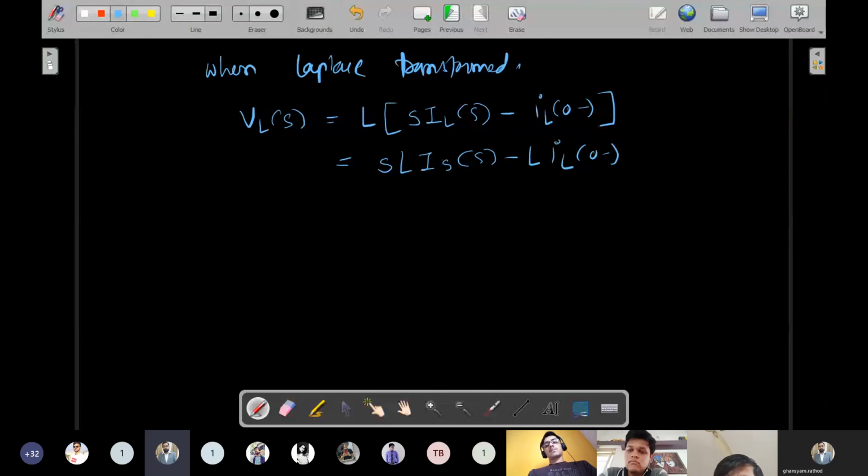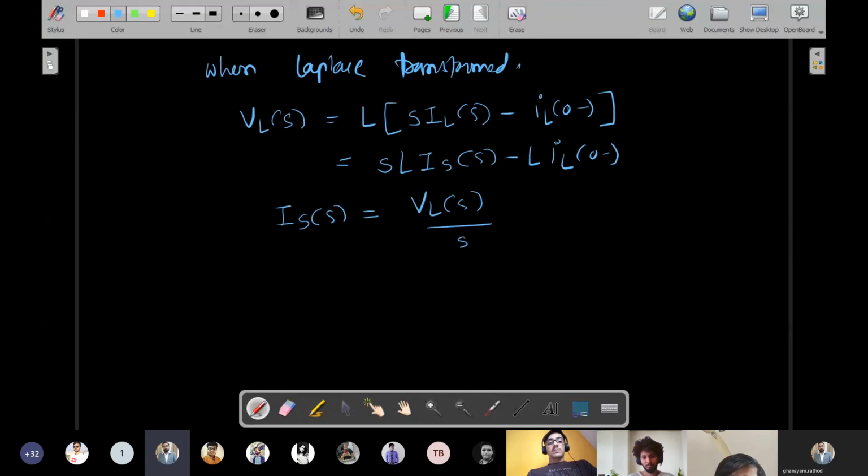Simplifying that, IL of S equals VL of S upon SL plus IL 0 minus upon S. I take this IL of S to the other side and move that IL 0 minus to this side, and finally I get this equation.